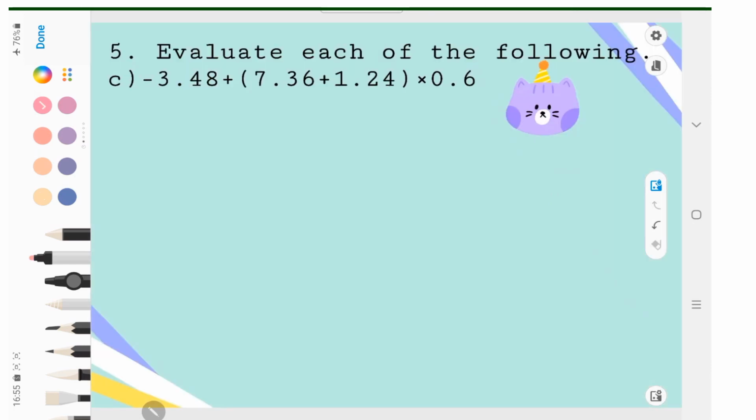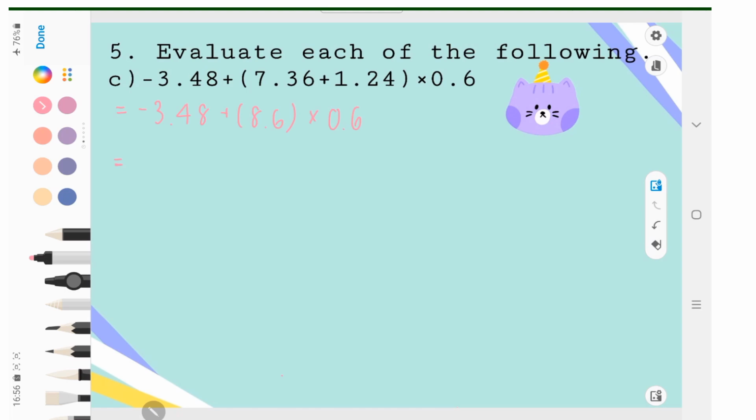C. Evaluate each of the following. Negative 3.48 plus bracket 7.36 plus 1.24 close bracket times 0.6. So we solve the one in the bracket, which is 7.36 plus 1.24, and you'll get 8.6. Next, we solve 8.6 times 0.6.